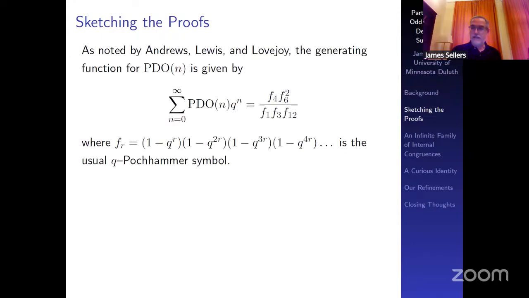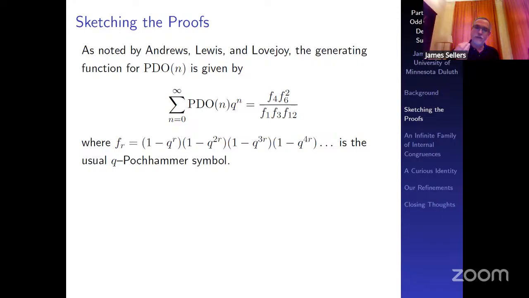Okay, so did I hear a question? Okay, so let me go ahead and sketch the proof for you quickly. In that paper from 2002 with Andrews, Lewis, and Lovejoy, they proved that the generating function for PDO is equal to this eta quotient, F4 times F6 squared over F1, F3, F12. So I'm not using the usual q-Pochhammer notation here.